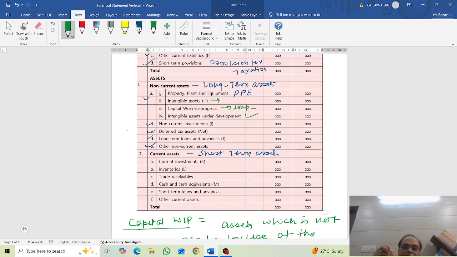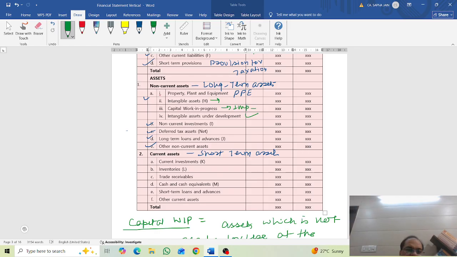Suppose you invest the money in shares, mutual fund, commodity, for purchase of a building, for purchase of any asset, 1 साल से ज़्यादा के लिए, then such investment is called non-current investment because उसका जो period है वो 1 साल से ज़्यादा का है.